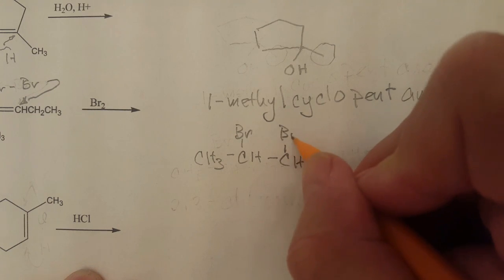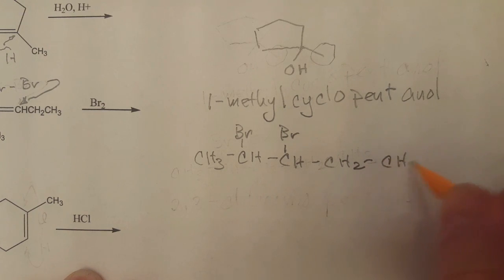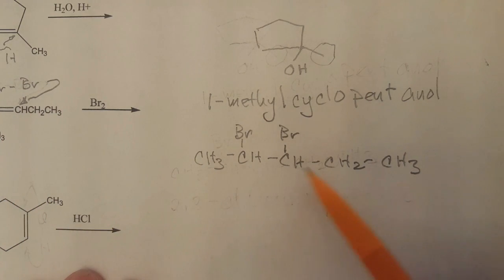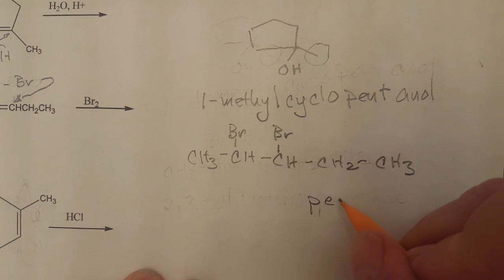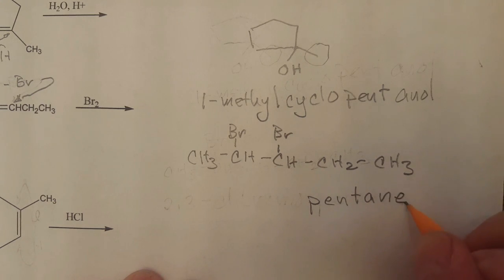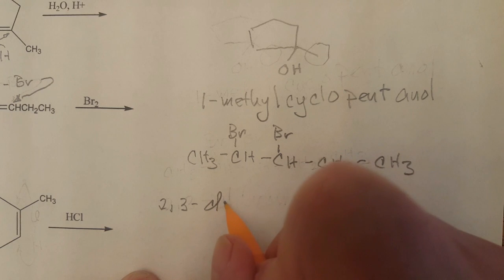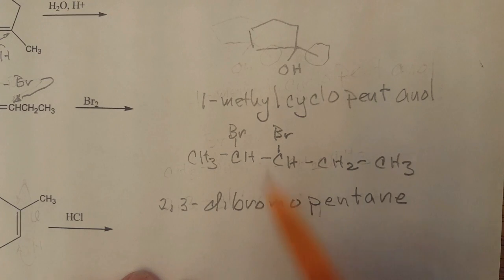Here's where the other bromo goes, CH2-CH3. So 1, 2, 3, 4, 5. This is going to be a pentane. Two bromos on carbon 2 and 3. So this is going to be 2,3-dibromopentane.